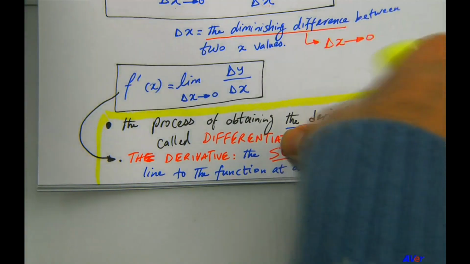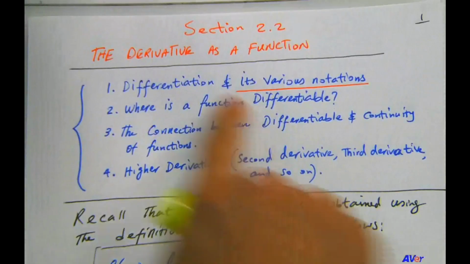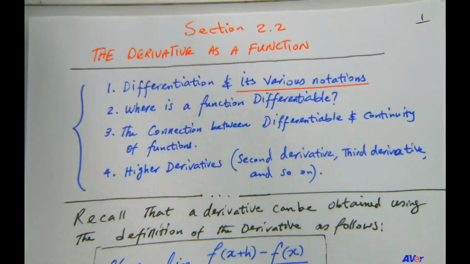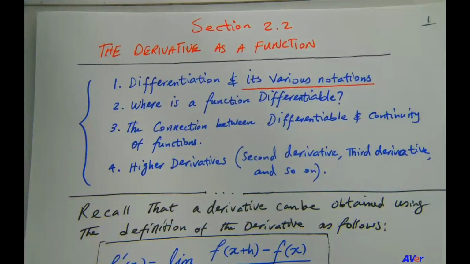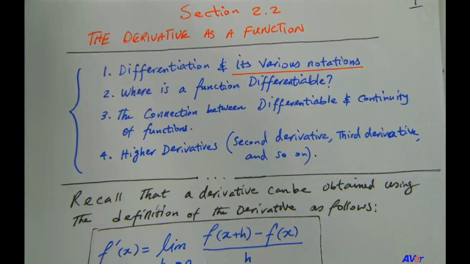So we also said that we're going to talk about the various notations, right? So let's talk about that. Very, very important, especially for those of you who will be taking the complete series of calculus, going up to calculus 2, 3, and also the differential equations course later on.